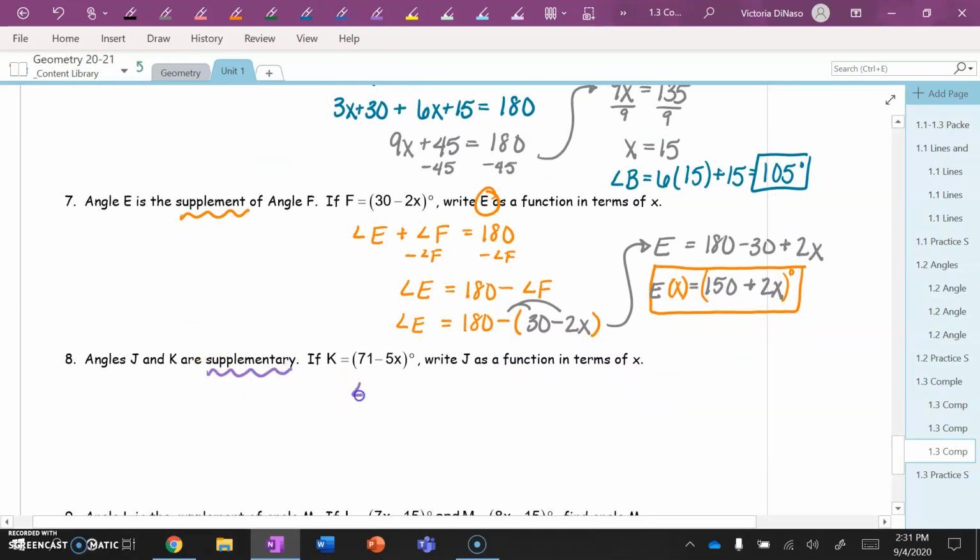Again, angle J plus angle K equals 180. This time we're writing J as a function in terms of x, so I'm going to subtract angle K from each side.